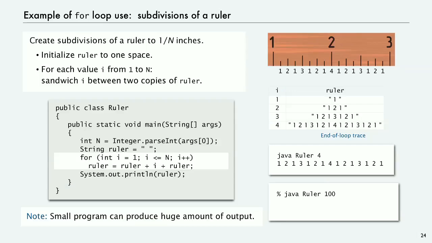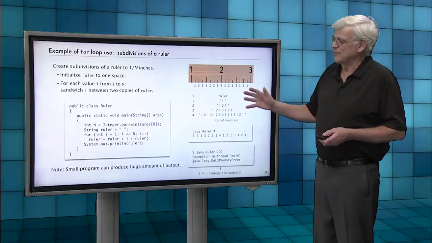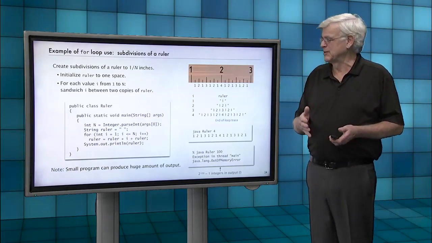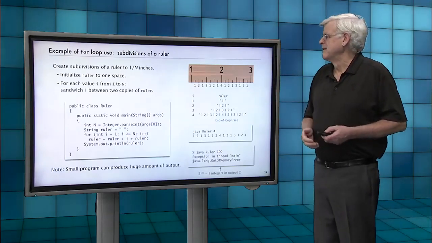What happens if you say java Ruler 100? You're going to run out of memory, because what you're saying is print out 2 to the 100th minus 1 integers in your output. And that's way more integers than could possibly be printed out in this universe. It's worth reflecting on that. That's what I meant when we have loops. We're going to infinity.